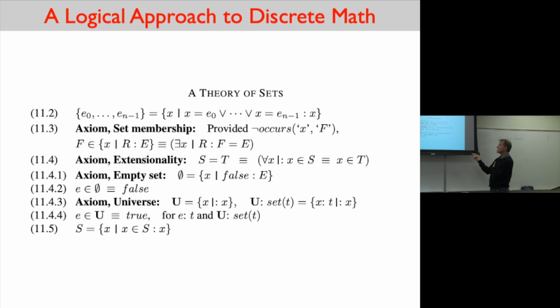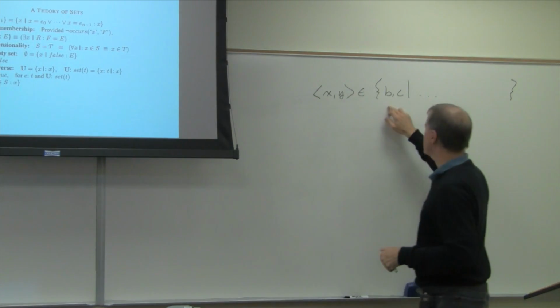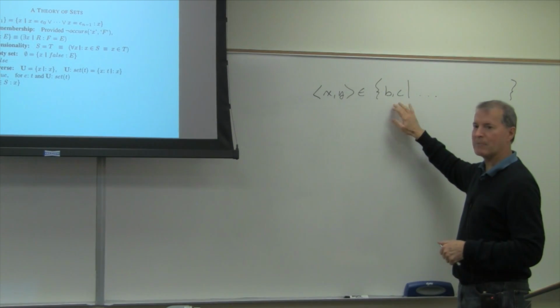But you understand that whenever we have a dummy variable, this X in the exists an X can be a list of variables. So here, instead of having X, what do we have? We have B, C.